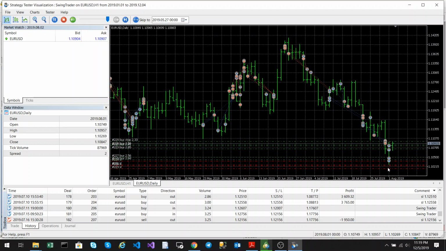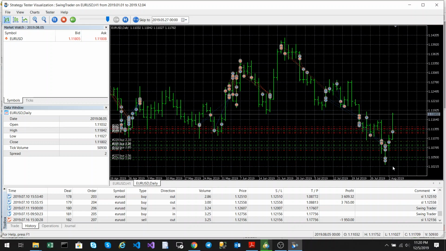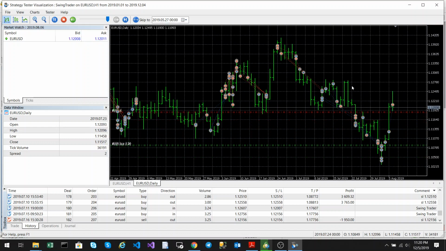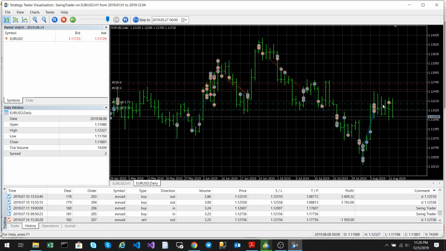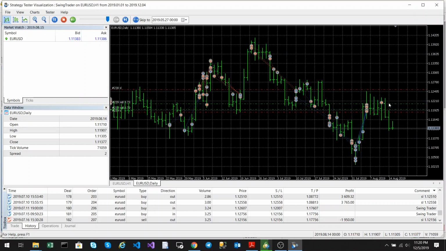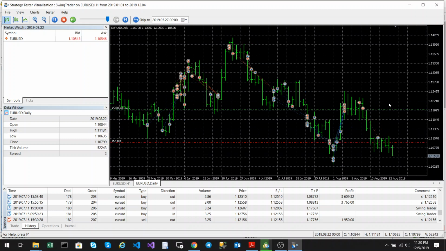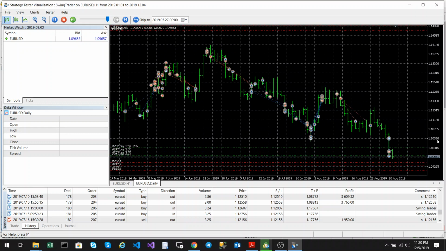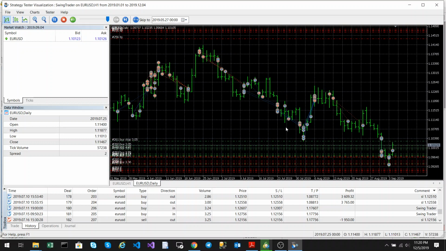So that's why I'd recommend putting your stop loss quite tight for this trading strategy. For trending markets, I'd recommend using your breakout instead of the reversal. But for ranging markets, this is an excellent strategy.